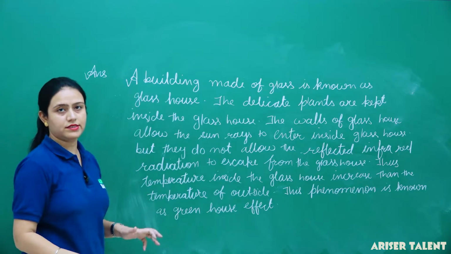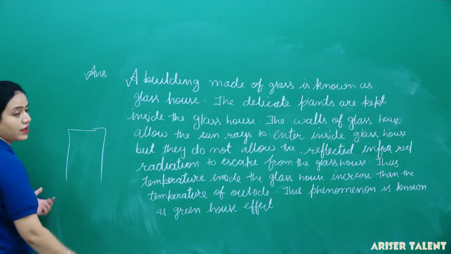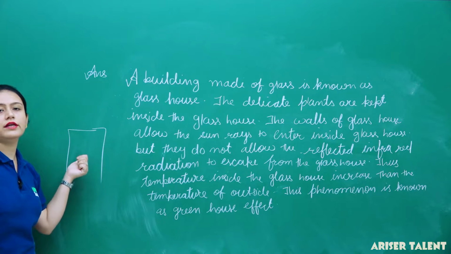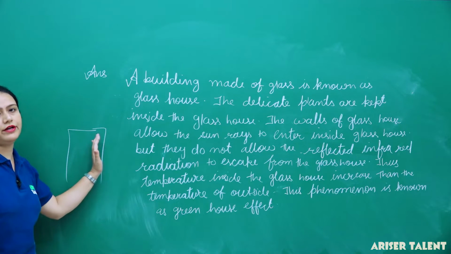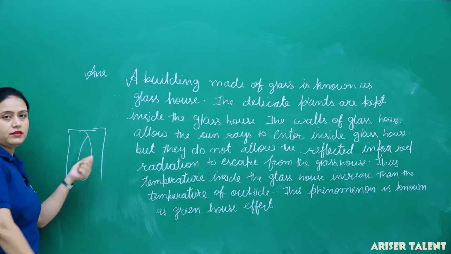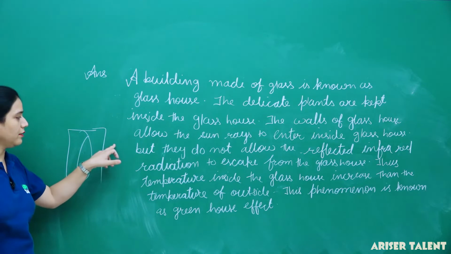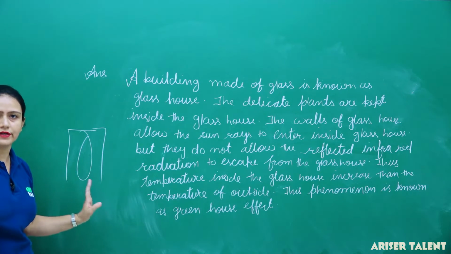Clear? Is it clear what is greenhouse effect? Greenhouse means which is made up of glass. It allows the sun rays to enter but does not allow the reflected infrared radiations to escape, and then the temperature inside the glass house increases more than the temperature outside. And this phenomenon is known as greenhouse effect. Clear?